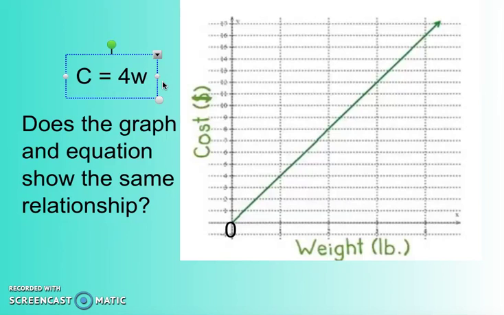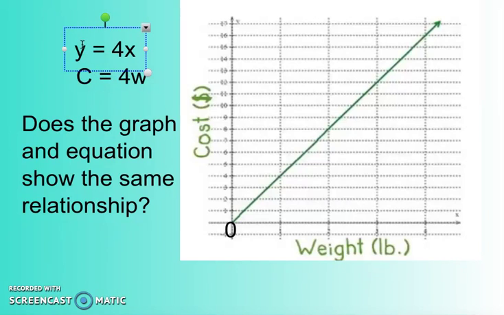Then I notice that there's a constant rate of change. Even if I didn't know what these numbers were, I noticed that the line is straight and it's constantly rising at the same amount. Okay, and so here is the formula that shows me that it's rising at the same amount because the C represents cost, and just because it's a C, it still is similar to y equals 4x.